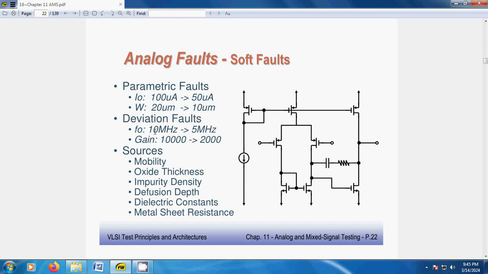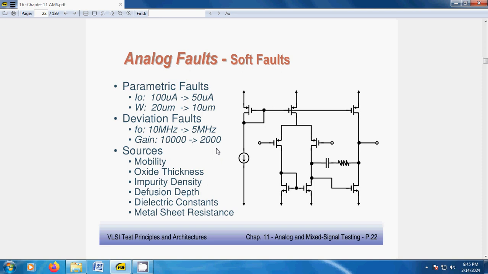This is because there may be some kind of distortion or attenuation within the clock distribution path. So the intended gain can be 10,000, but what we actually receive is only 2,000. So the reliability of the IC reduces.